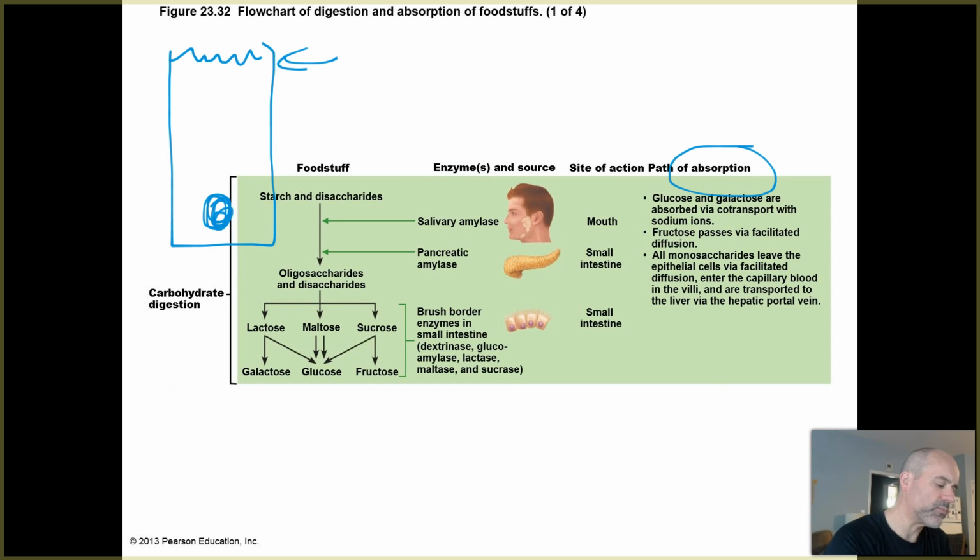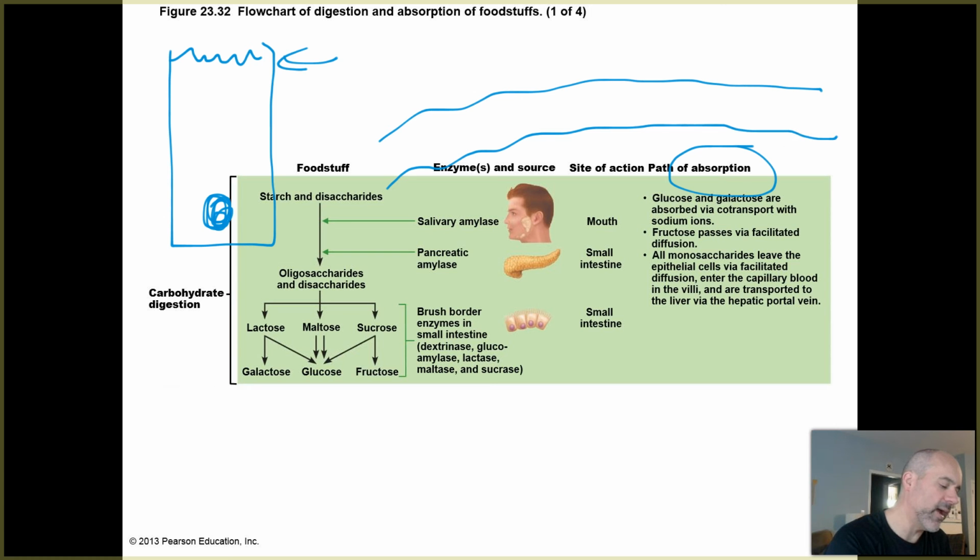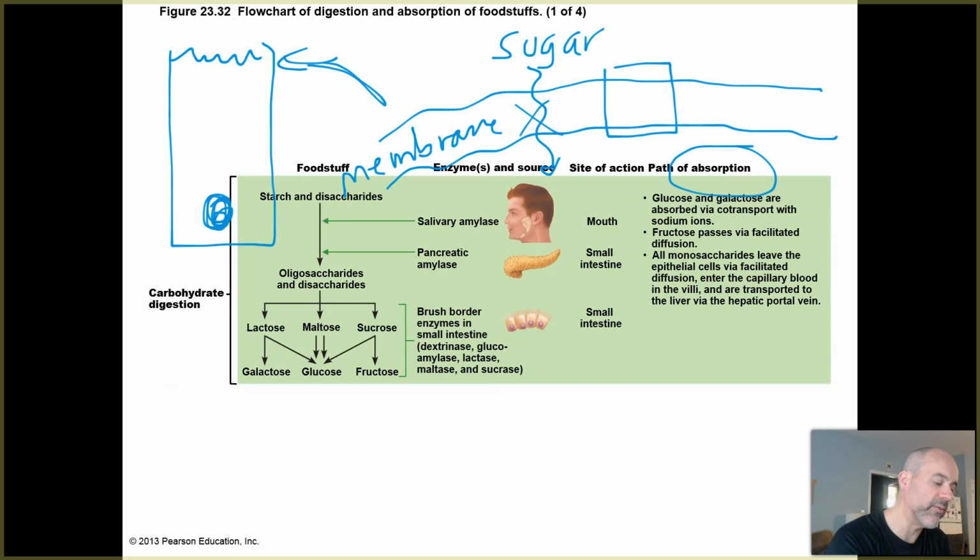And you have learned before, if this is a cell membrane like you would have up here on the brush border, hydrophilic solutes like sugars cannot freely pass across a cell membrane. Instead, they've got to have some sort of membrane protein which allows them to pass through.